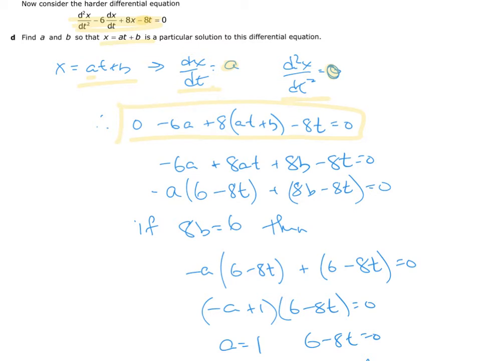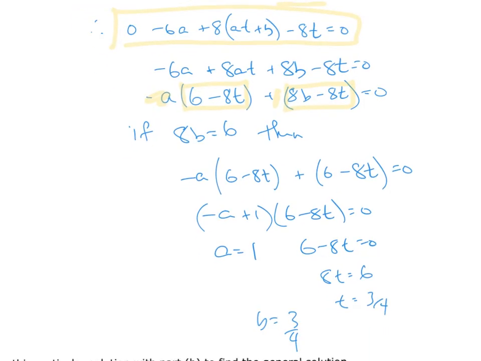And then we distribute the 8, we collect like terms, and now I factor out a negative a, and the factor of 1 here is just written as 1. In order to factor this further, and this is quite an advanced factoring technique, I want this to be the same as that, because then I can pull it out as a factor, leaving a 1 and a negative a.